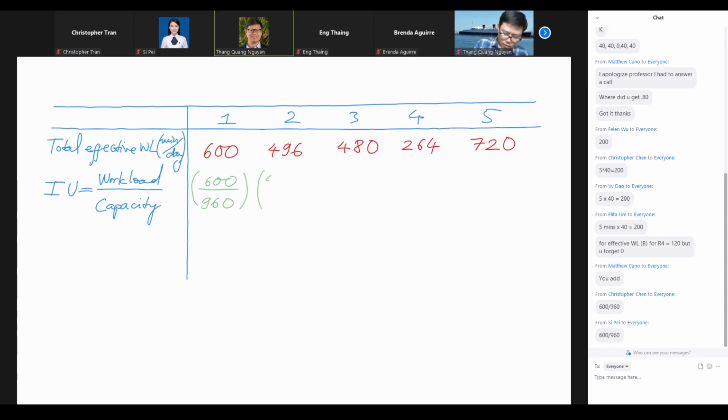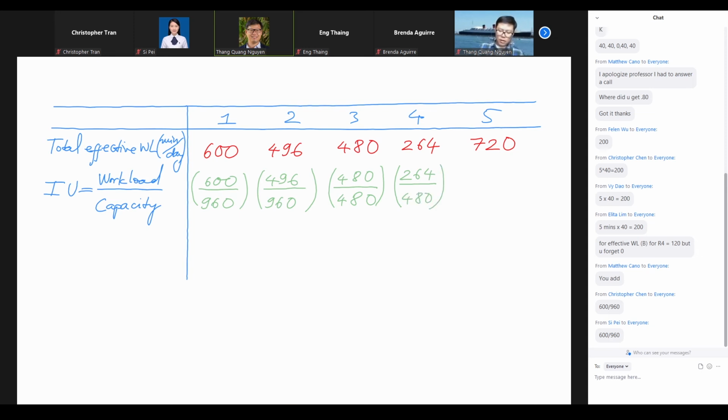We take 496 minutes required work time divided by the capacity of 960. At station 3, we have 480 divided by 480. Right. At station 4, we take 264 divided by 480.